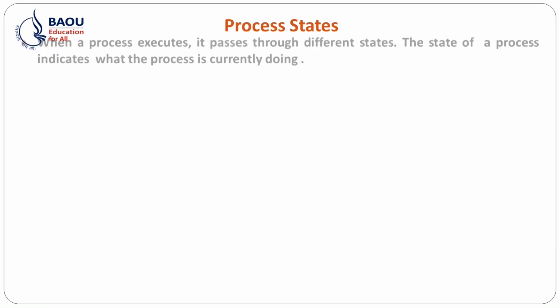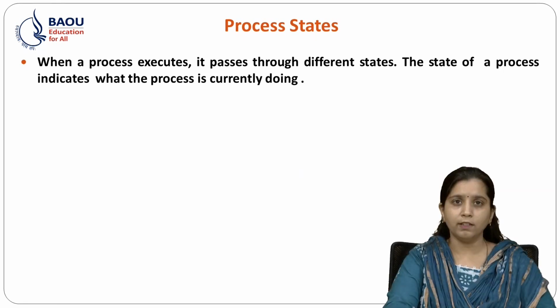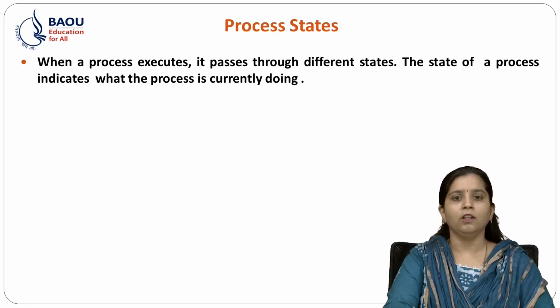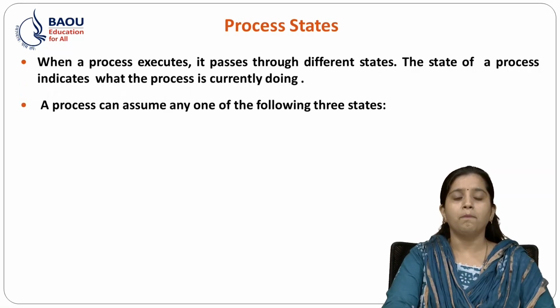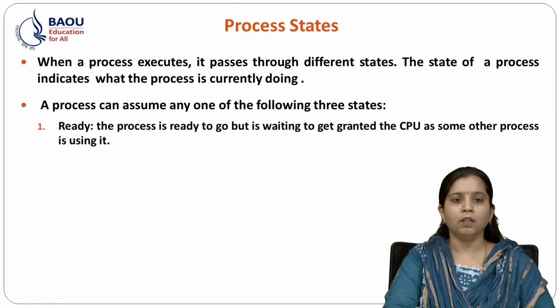Process states. When a process executes, it passes through different states. The state of a process indicates what the process is currently doing. A process can assume any one of the following states. Ready.